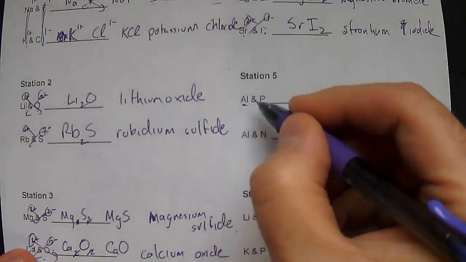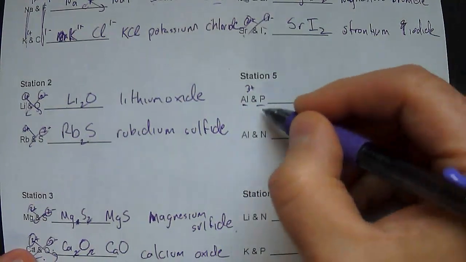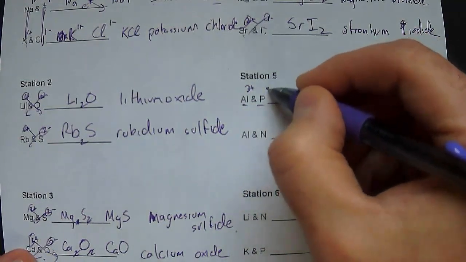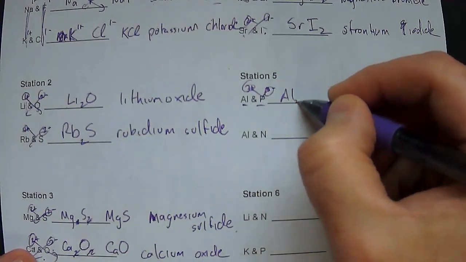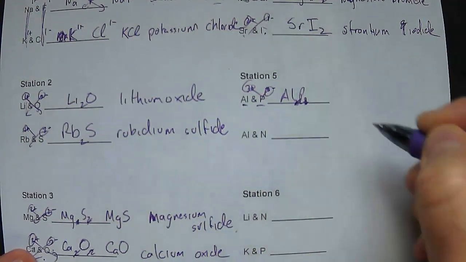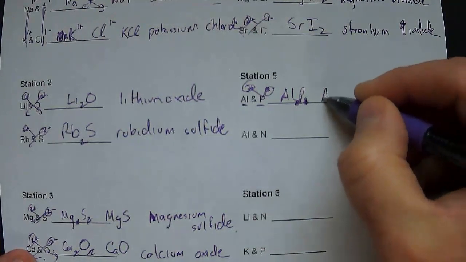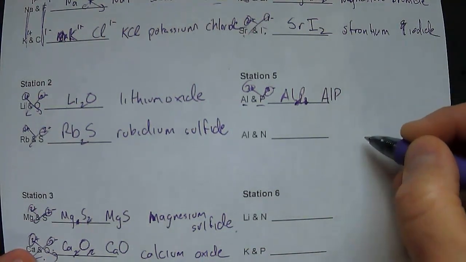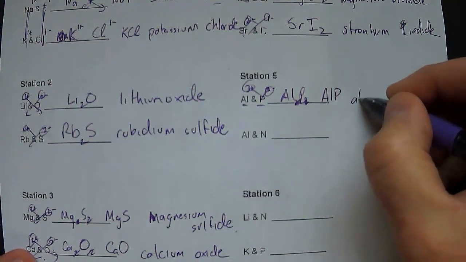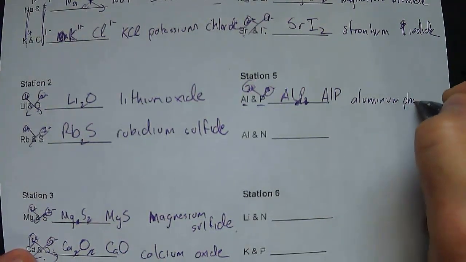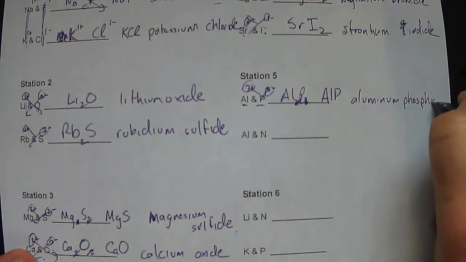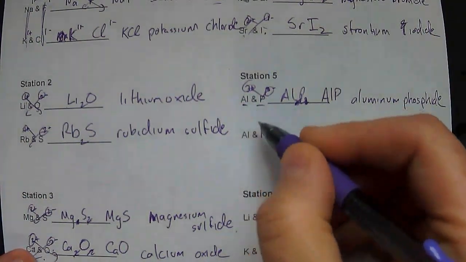Now, Al and P. Al is a 3 plus. P is a 3 minus. So we crisscross these, Al3P3, but they're the same, so we're going to reduce them to AlP, and that's aluminum phosphide. Okay. And then same thing.